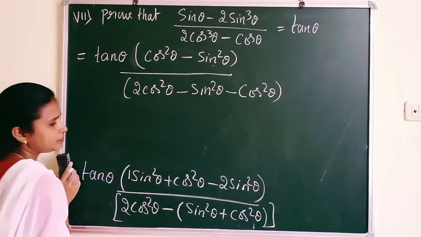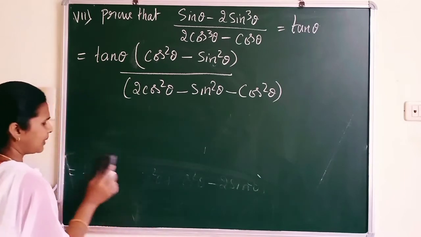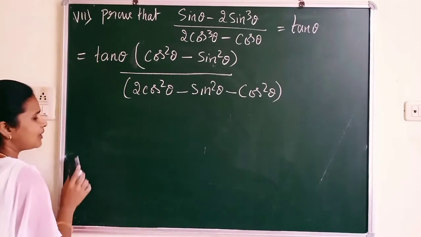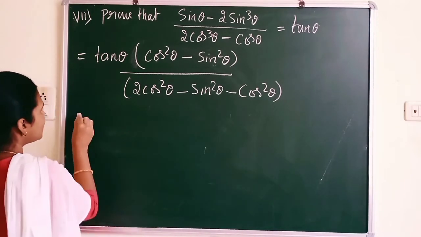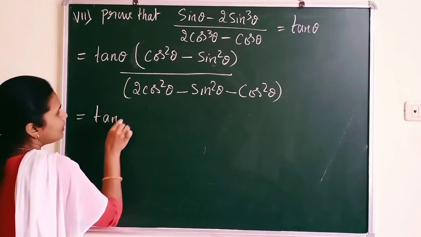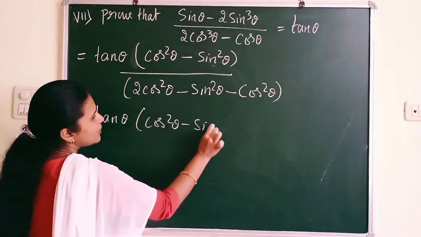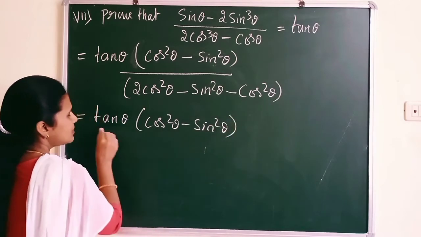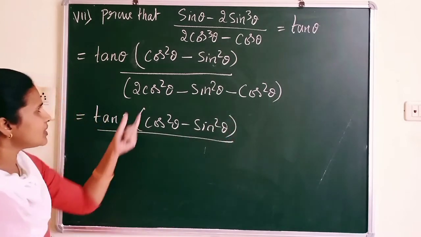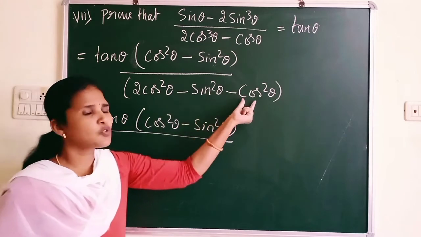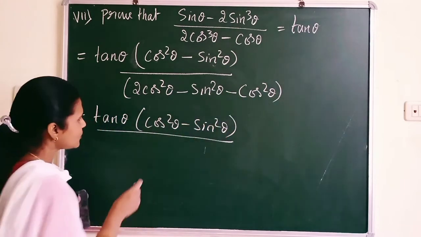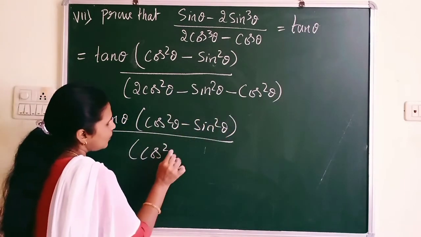So now the denominator bracket is also simplified, but I can still see like terms. Tan theta times cos square theta minus sine square theta, as it is, divided by 2 cos square minus 1 cos square, which is nothing but cos square theta minus sine square theta.